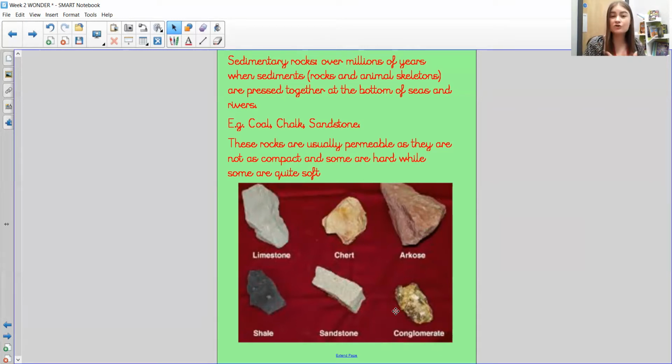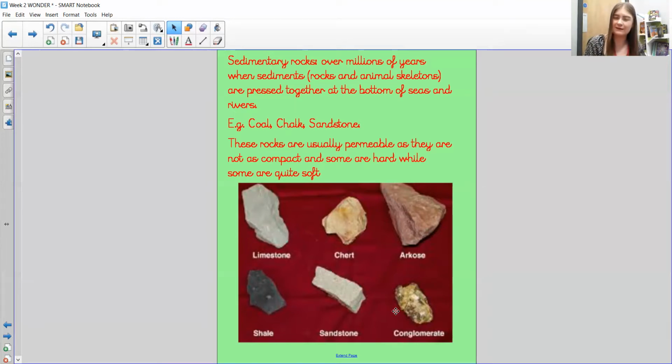They're not as durable, they're not as strong, and they are usually permeable, okay? So they're not very strong and water can go through them because, even though they're pressed together, they're not as tight as other rocks are. Other rocks are really, really tight together, but sedimentary rocks have been built up and pressed together, but it's not the perfect tight pressure.